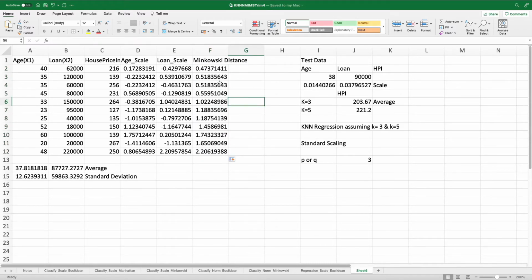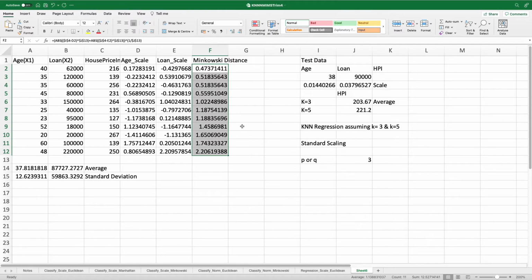Control yes. Now sort and filter smallest to largest, expand sort, Control S. If k is equal to 3, it is 203.67. If k is equal to 5, it is 221.2. No change. Both the processes gave us the same values.